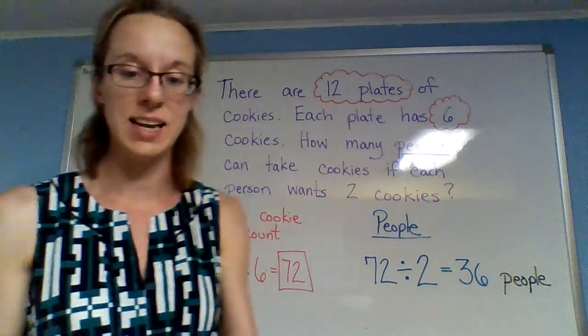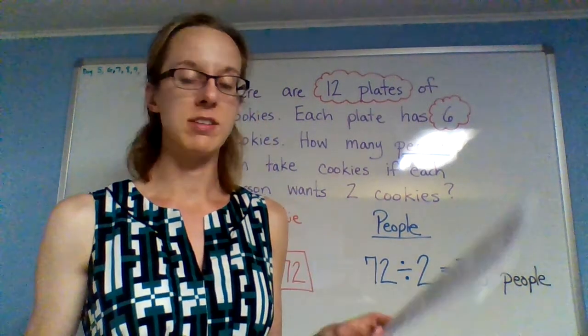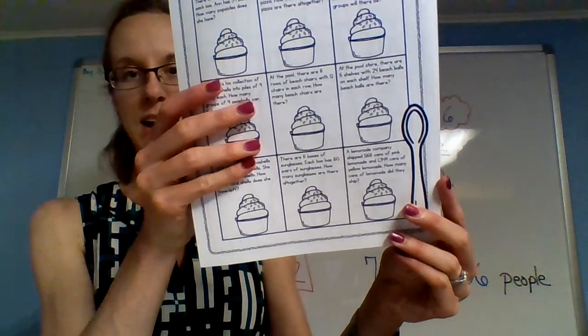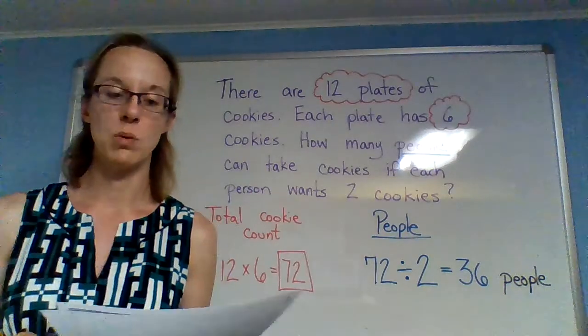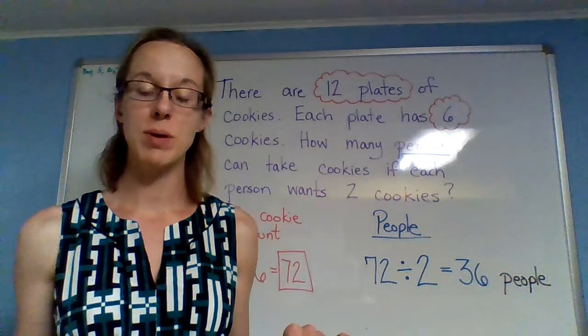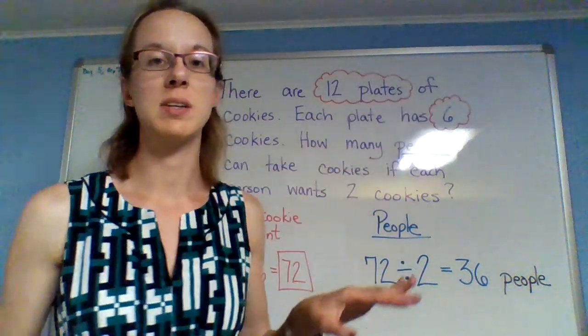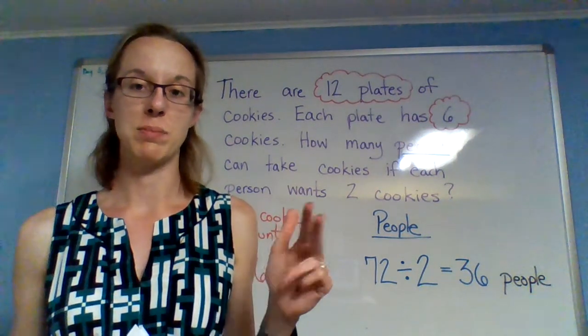In your packet today, you have a page in keeping with our topic of the day, which is dessert. So your page is going to have cupcakes on it like this. And on your cupcake page, there are 9 word problems. Now, the word problems you have might be single step word problems, like the first one we did, where you just need to use the 2 numbers in the word problem and figure out whether you need to add, subtract, multiply, or divide.